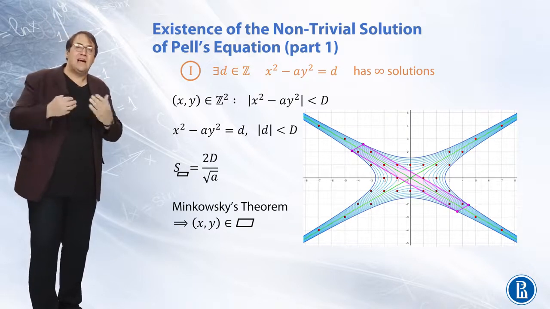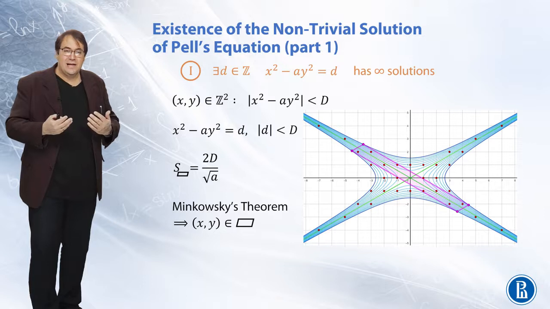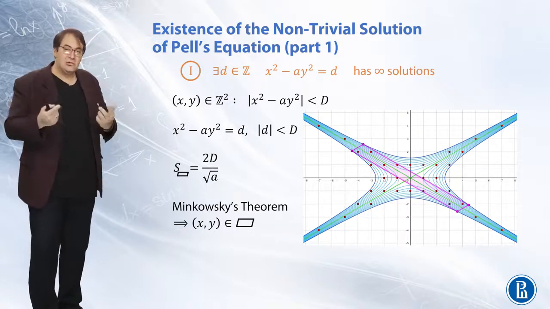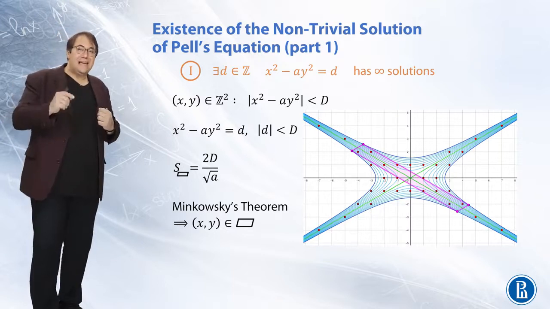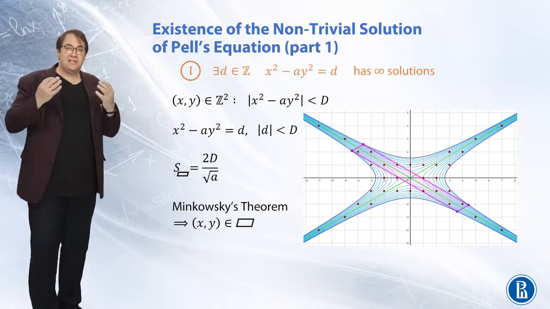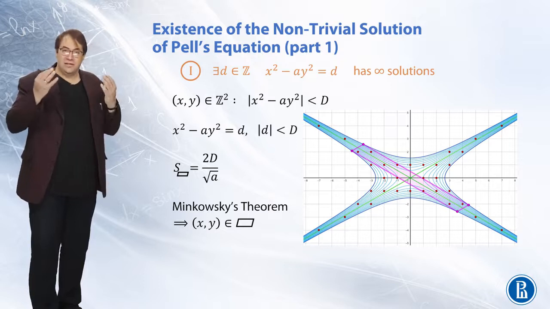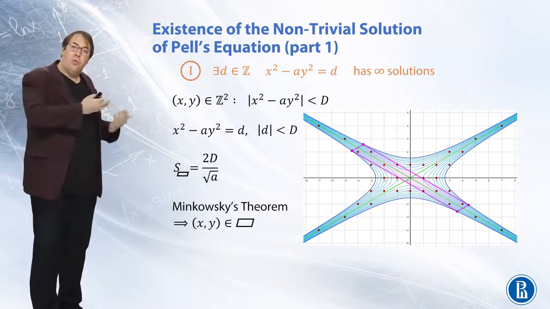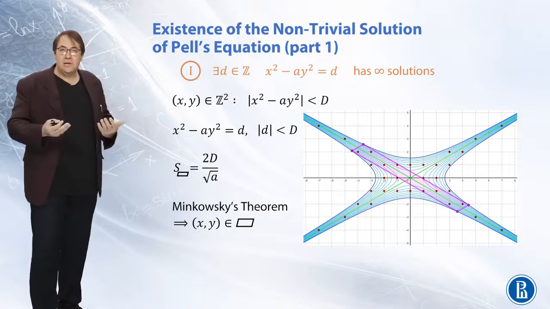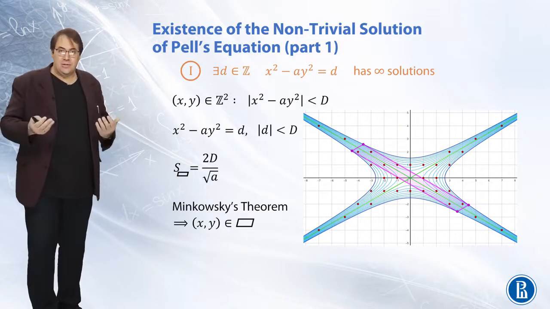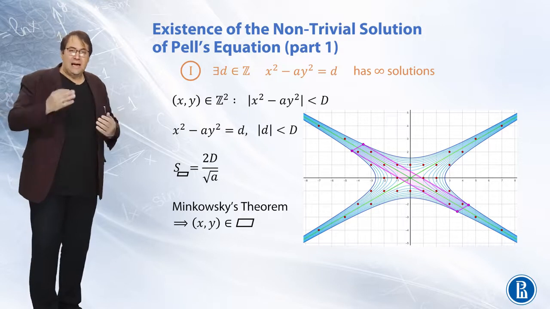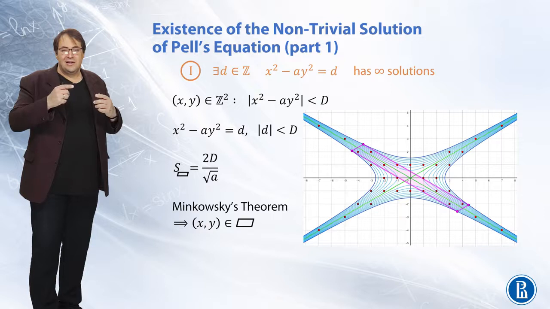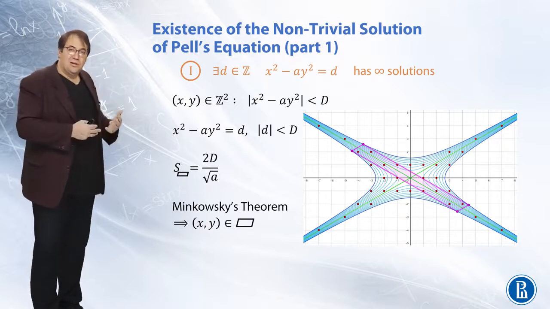It's outside of the new parallelogram. And inside this second parallelogram, there will also be an integer point, because the area of this new parallelogram is the same. Actually, this formula for the area holds for any such parallelogram with sides parallel to the asymptotes and vertices on the dark blue hyperbola.